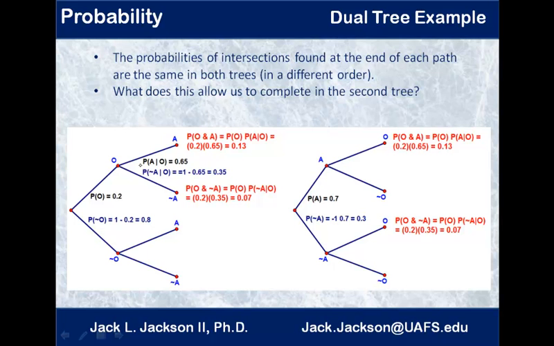So this is O intersect A, this is A intersect O, same thing. So the probability that's both O and A, both outstanding and judged by panel A, is 0.13. It's also 0.13 over here in this tree because it's the same thing. Similarly, the 0.07, 7% goes down here, the probability that it's not A and outstanding. That goes down here.